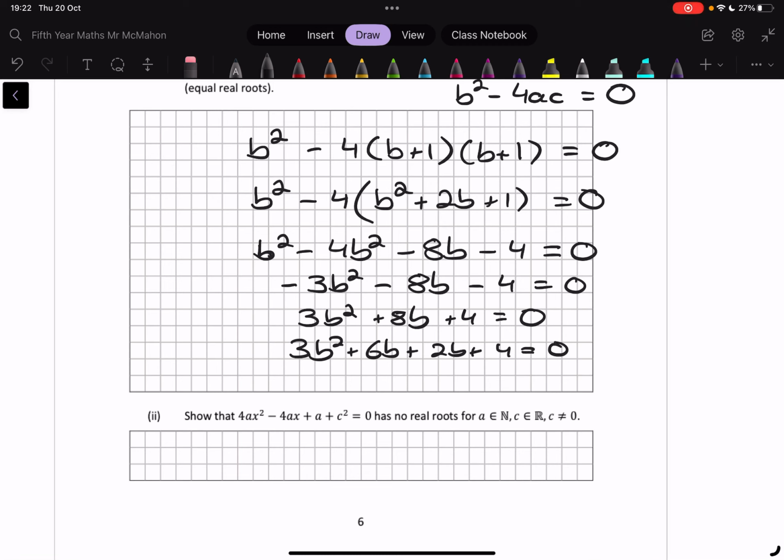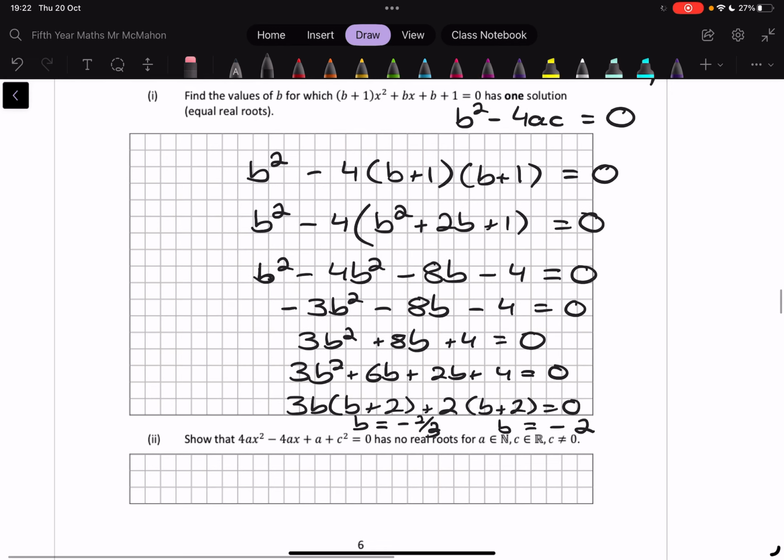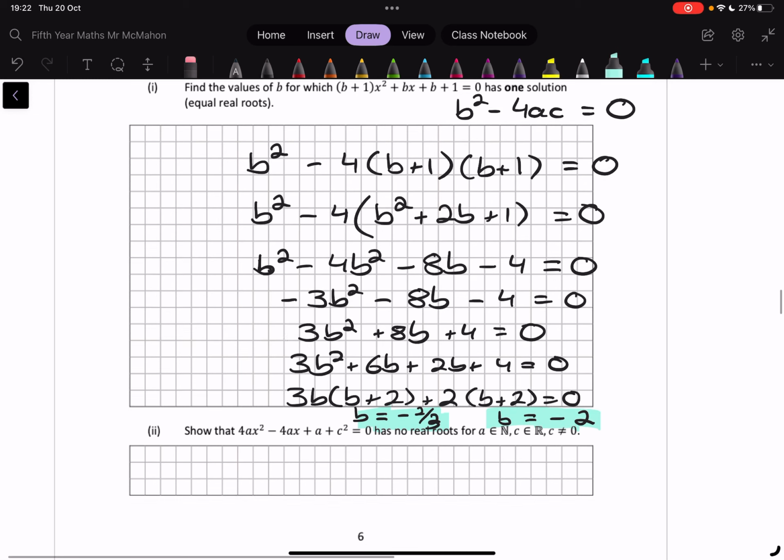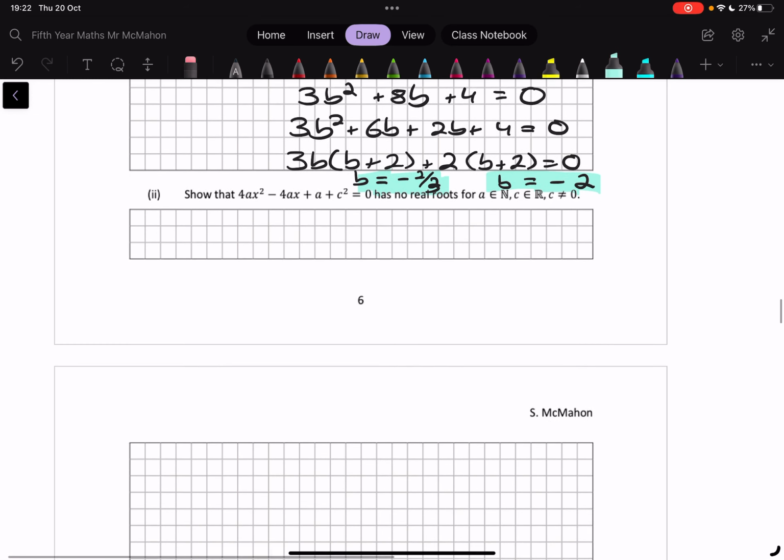Again, we're factorising, we're solving our equation. Overall we should get b = -2/3 and b = -2. So those are our two values of b for which the equation will have one equal root. Either of those values is a valid answer, and we should have both of them as the answer for this question.